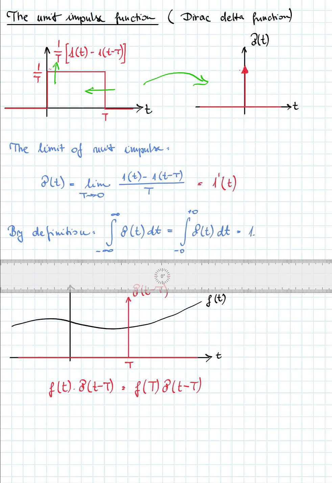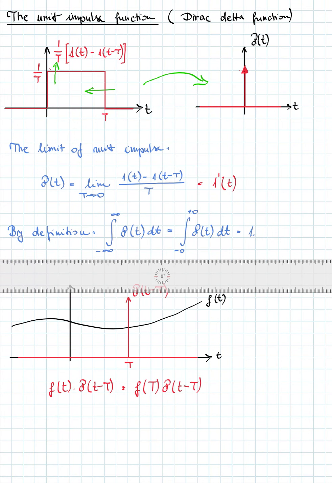So this is the time interval where the Dirac delta function appears. Once again, the Dirac delta function is a special unit impulse function. Special because the width of the function is equal to 0 and the height of the function is 1 over capital T, where capital T goes to 0.